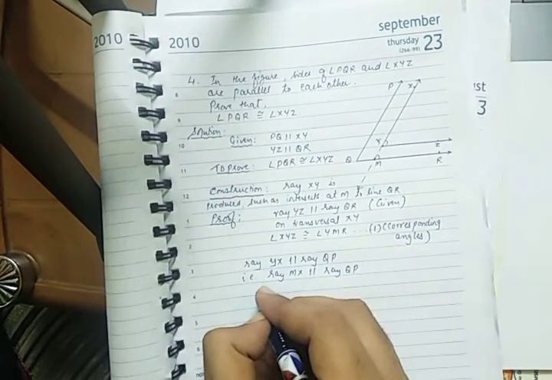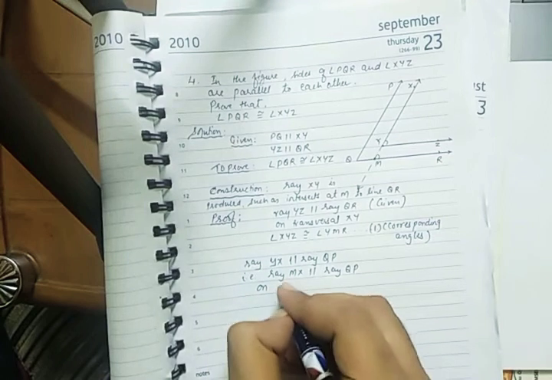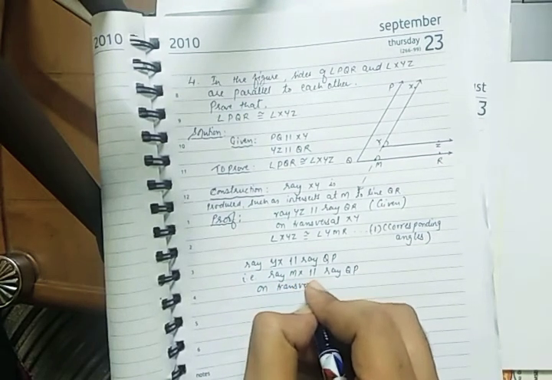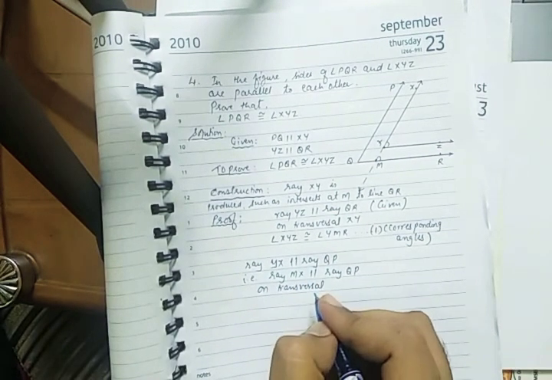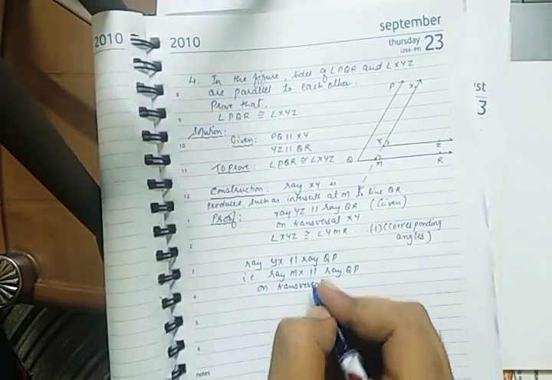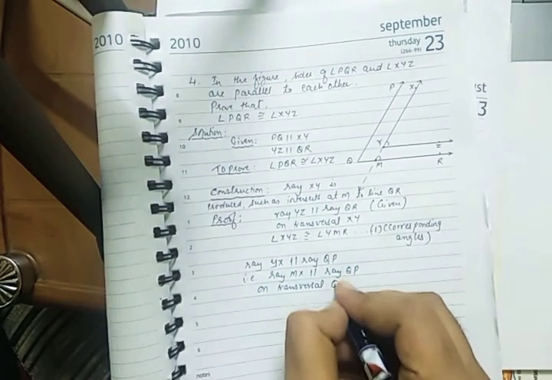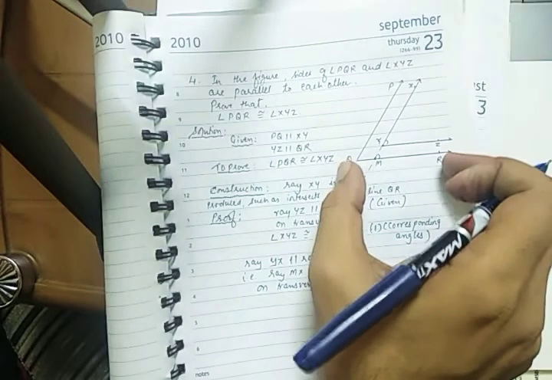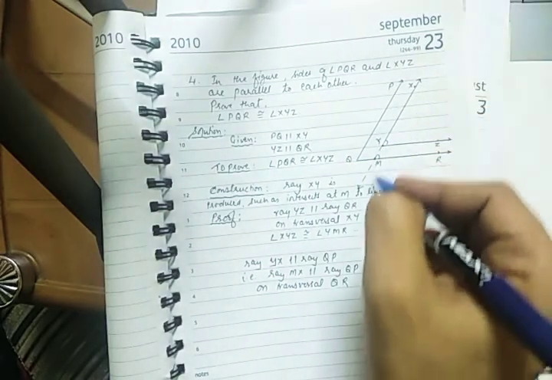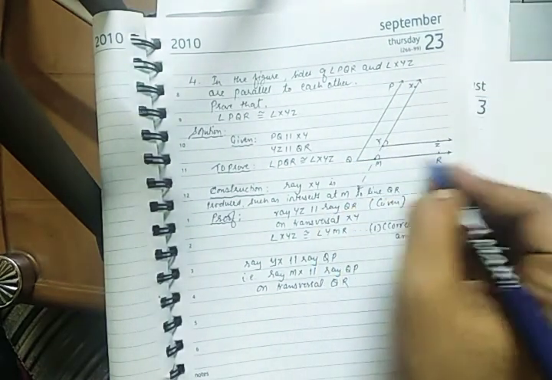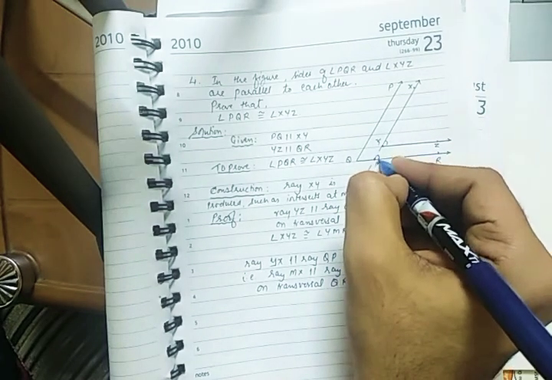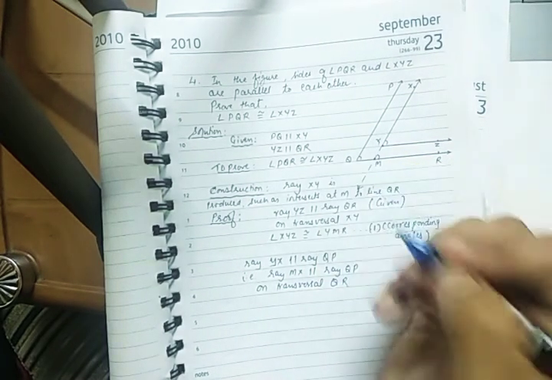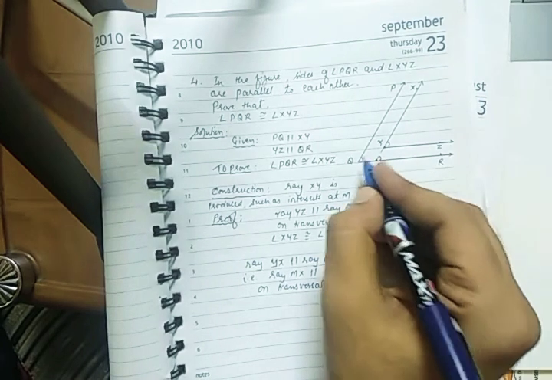Okay, then on transversal QR. So I am taking now transversal QR. This is the parallel line and this one is the transversal. So again you can see that this angle is congruent to this one. What is the relation? Corresponding angle.